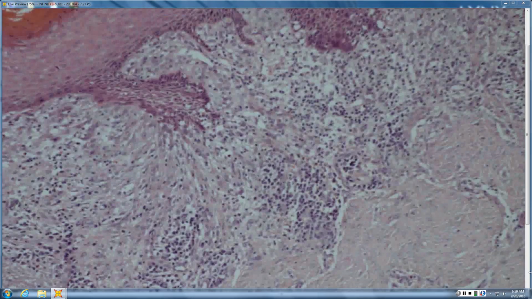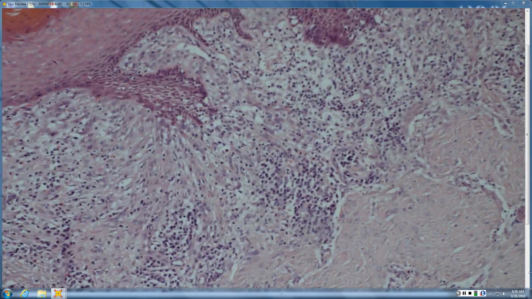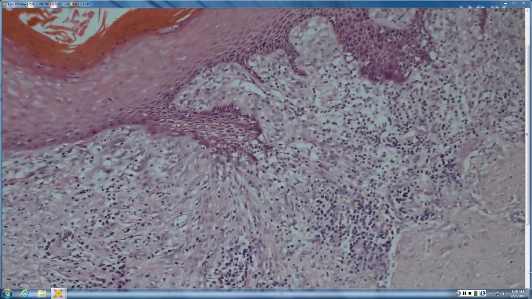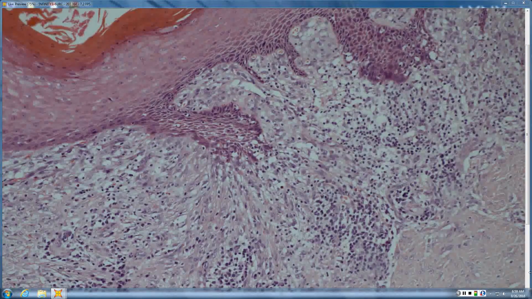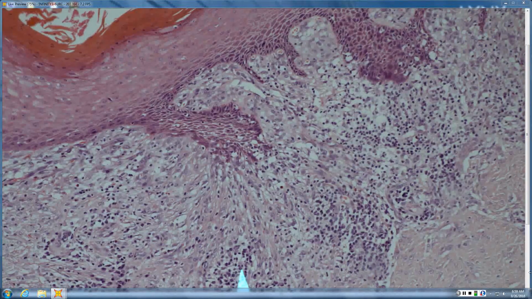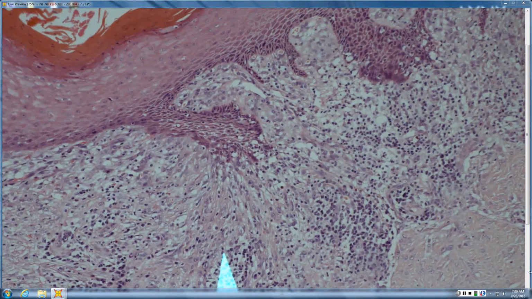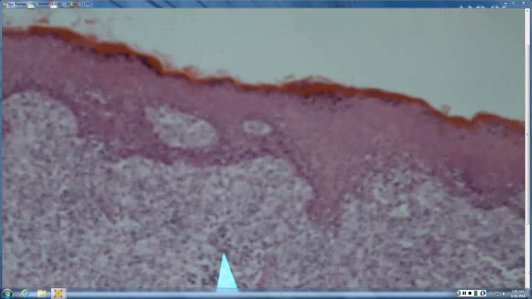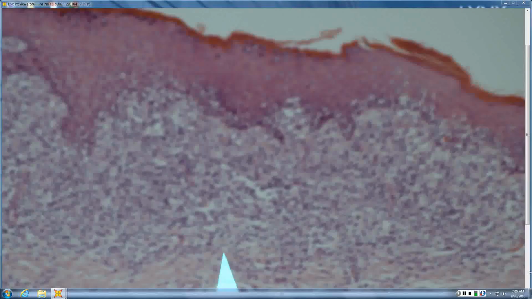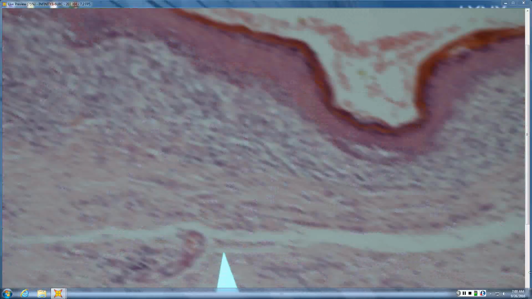You would also look for other things to help yourself feel better that this is MF. You'd want to look for the belly up sign, where it seems like the lymphocytes are just, maybe you can see it over here, percolating up from the tops of the vessels instead of all around like you would expect from a normal infiltrate. The other thing that goes with mycosis fungoides that does not go with psoriasis or other things, which is kind of hard to see here, is papillary dermal fibrosis.